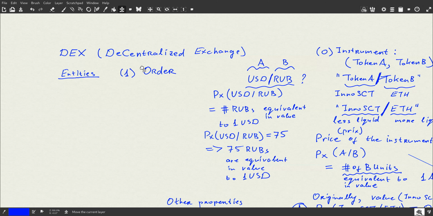For USD ruble, the price is fractional, and the price step for USD ruble equals 0.0025 rubles, which means 0.25 kopecks, which is 1/4 of a kopek.